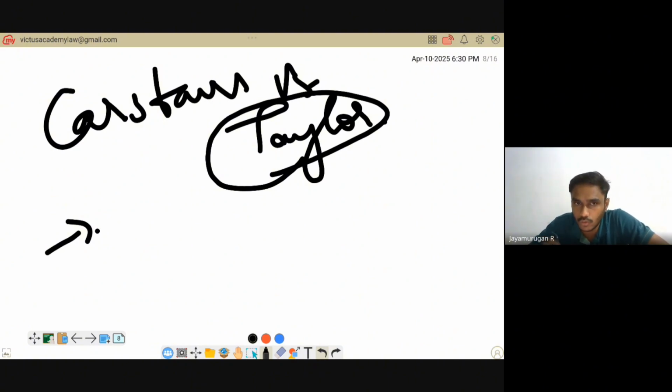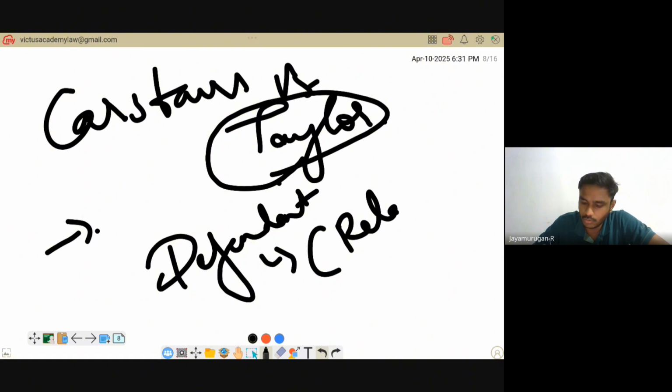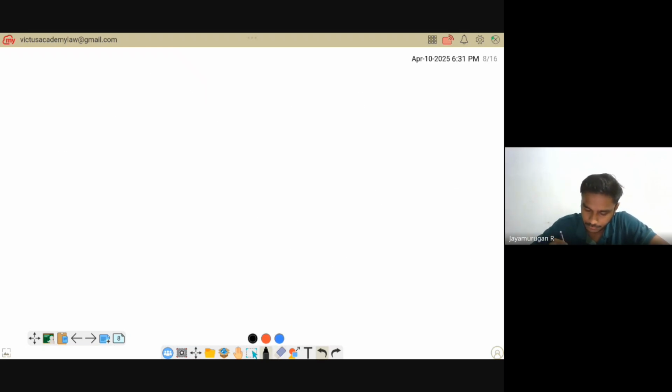But Taylor very well knows that the defendant has a certain water tank. It's basically doing some activity which stores a lot of water in the first floor. So Taylor knows very well that the defendant is conducting an activity related to the storage of water, and he's doing it in the first floor.